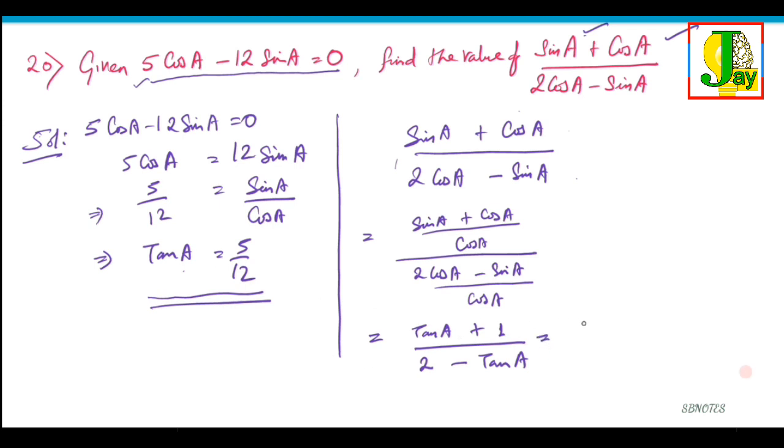So we can put the values: 5 by 12 plus 1, over 2 minus 5 by 12. Now the rest of the part is simple.